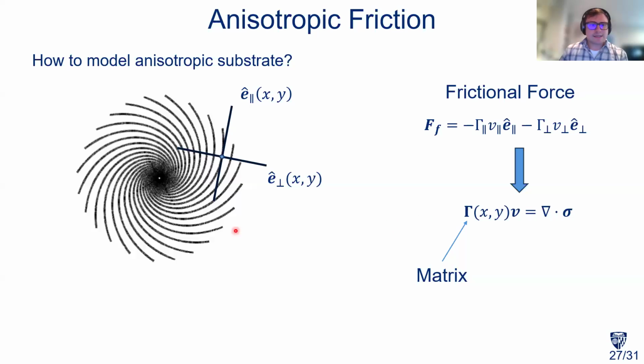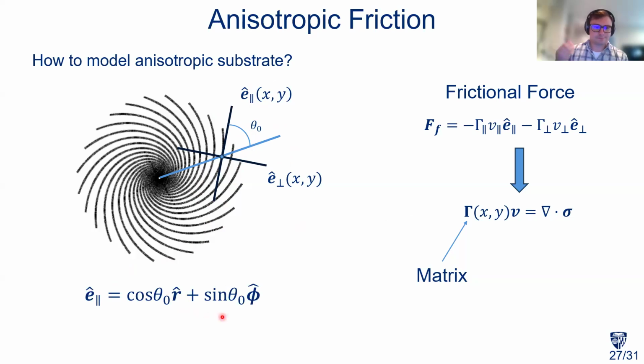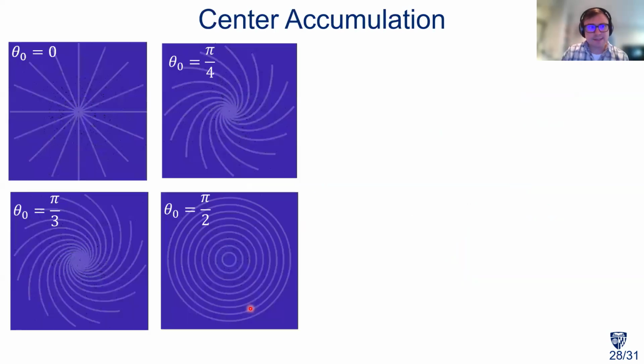And so for the spiral case, you can find these axes by, again, you have some angle with respect to the radial direction, and so you can write down the parallel axis in terms of this angle and the radial and azimuthal directions, which also change in space. And so let me show you what happens when we simulate this.